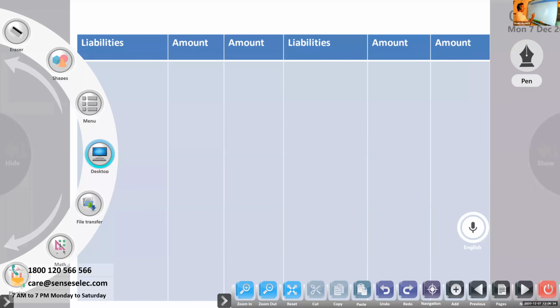So both are in the profit and loss account. Which side item, debit or credit? Debit side item.